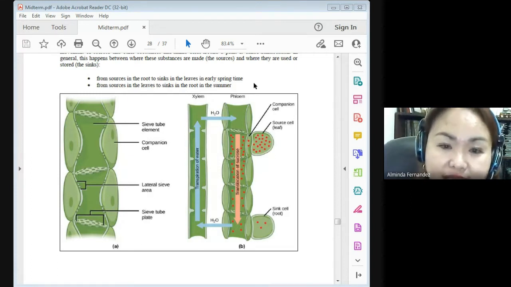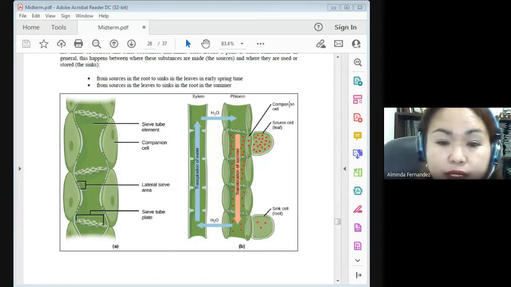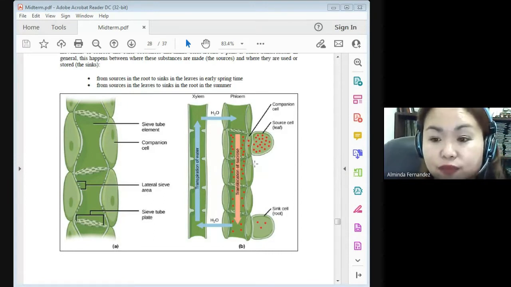And in this case, sa phloem, kailangan from the source or photosynthesis papunta doon sa mga sink. It's either in the root or in the leaf or in the growing flowers and fruits. So it needs active transport.